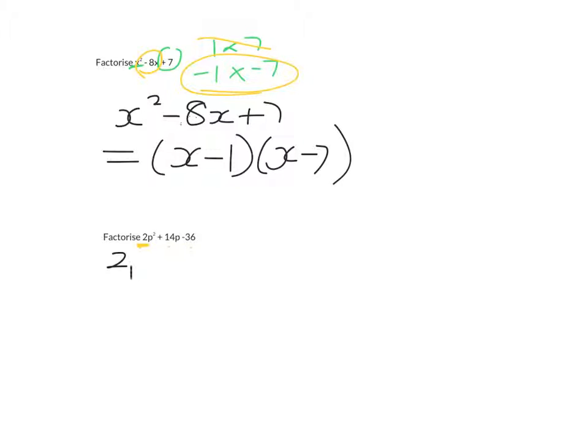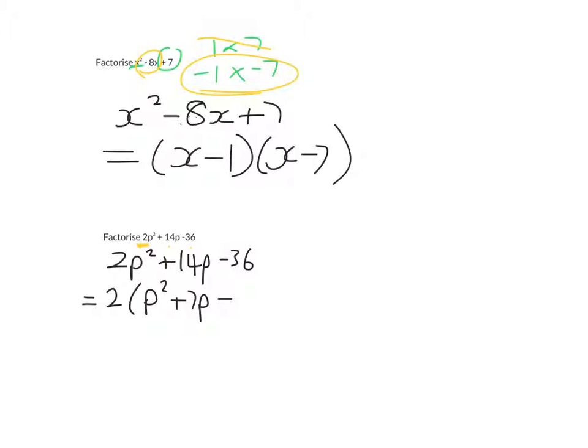So we'll have 2p squared plus 14p, take 36, is equal to 2. Take out the 2 from the p squared, leaves us with there. Positive 14p divided by 2 will give us plus 7p.